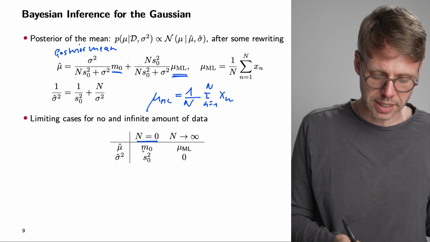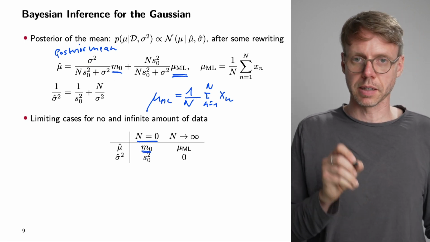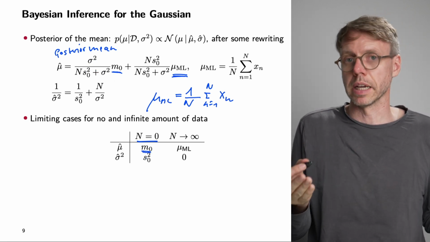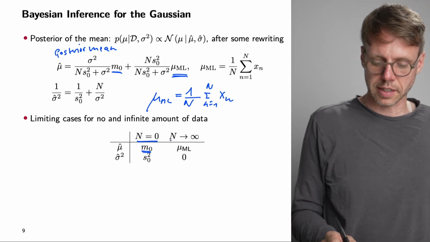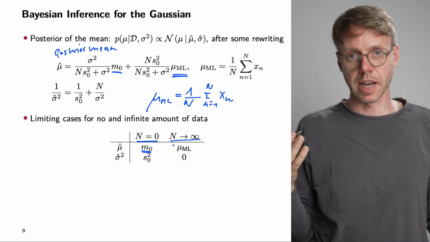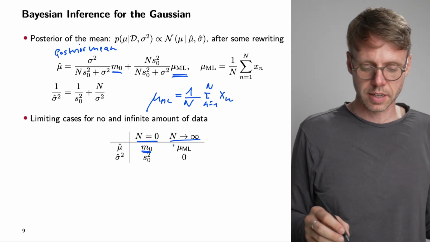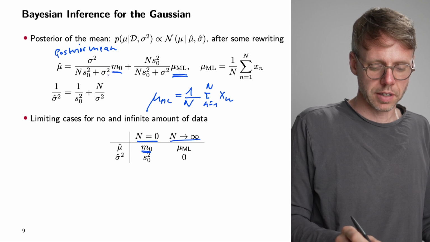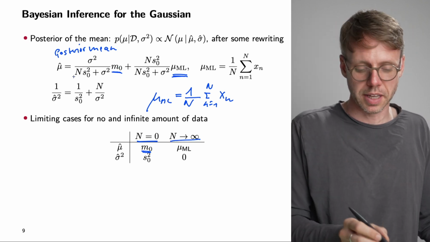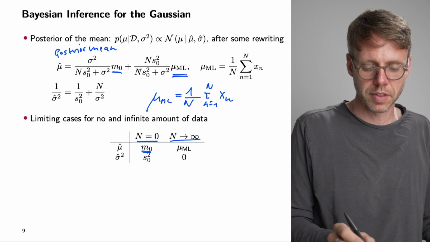So without any data, the posterior mean is equal to the prior mean. Makes sense. And if we let n get very large, so let it go to infinity, then the first term we will essentially divide by a very large number.